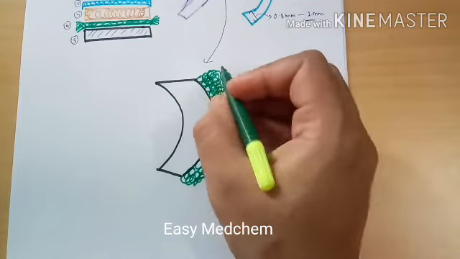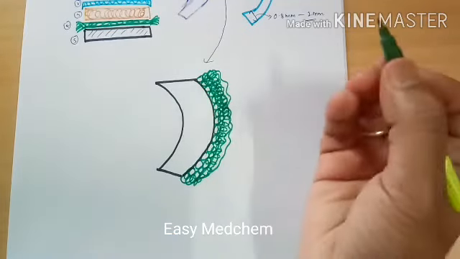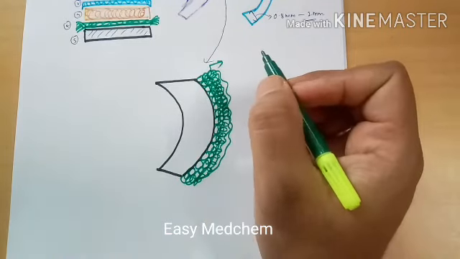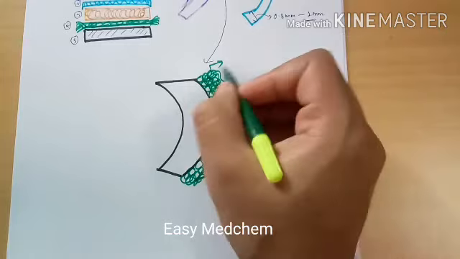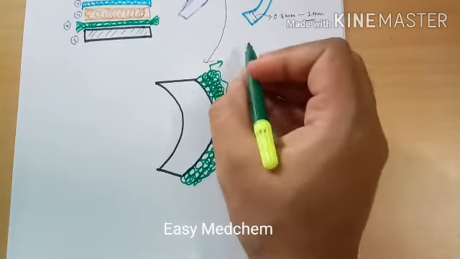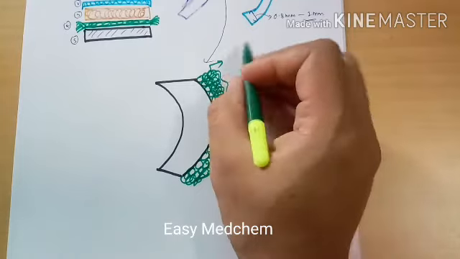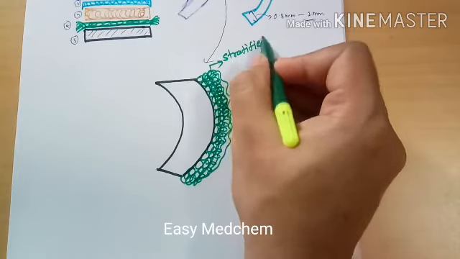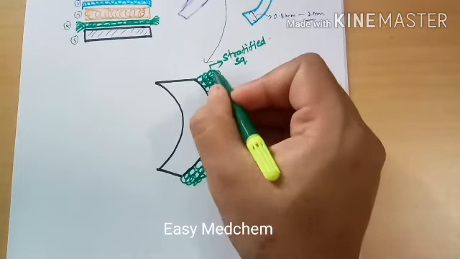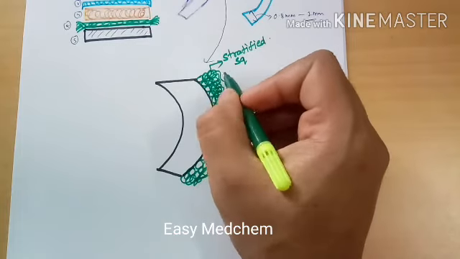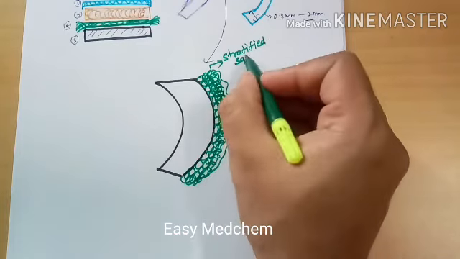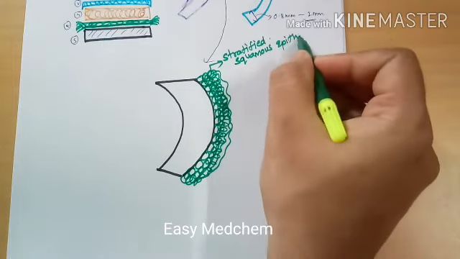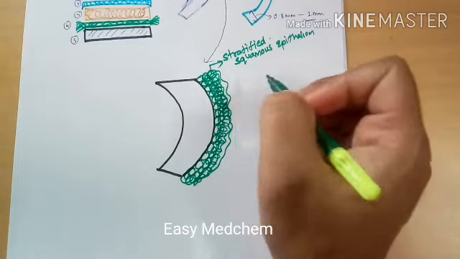Since they are more than one layer, we can call them stratified. As we go towards the apex, the cells get flattened, that's why they are squamous. So they are stratified squamous epithelium.